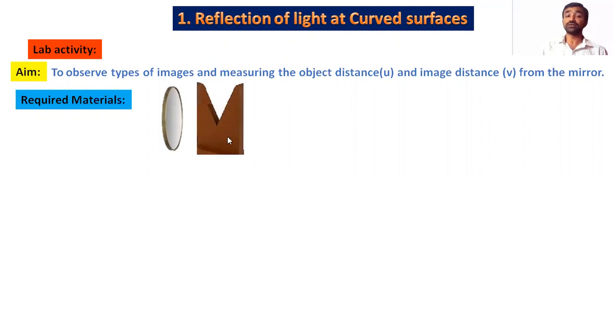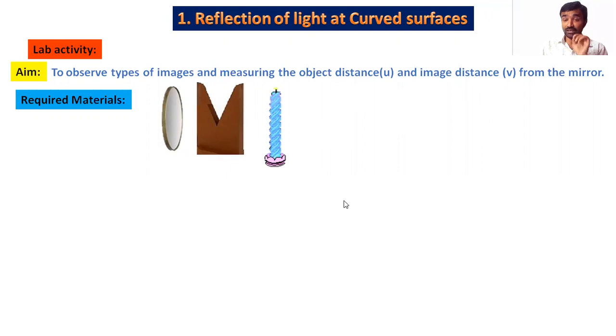So, a mirror stand. This is called a V stand. Its shape is like a V, that's why it is called a V stand. So I have a mirror and a stand. Then I'm going to measure the distances. For measuring distances, what I need is a scale or a tape.